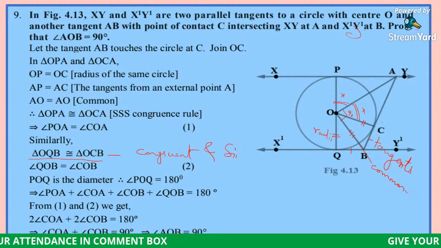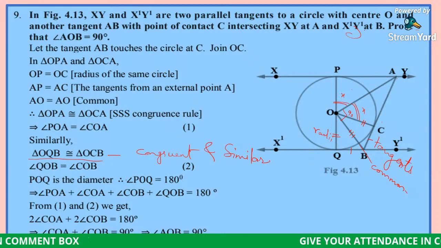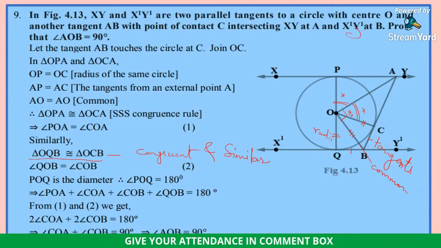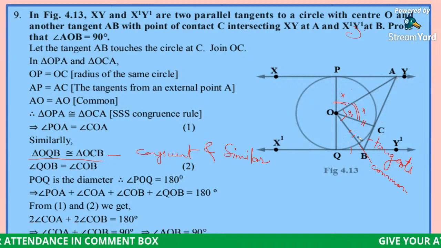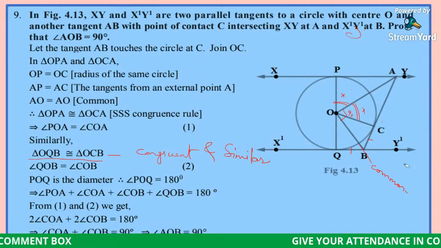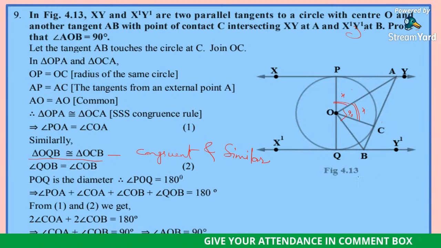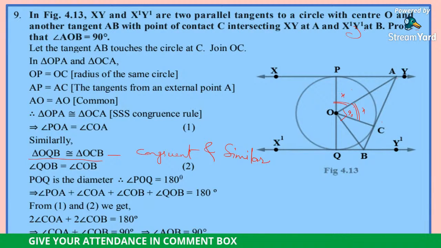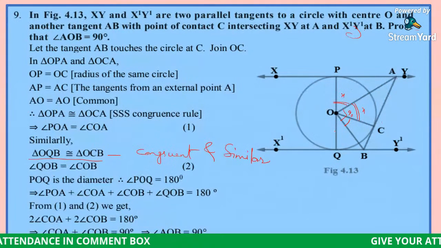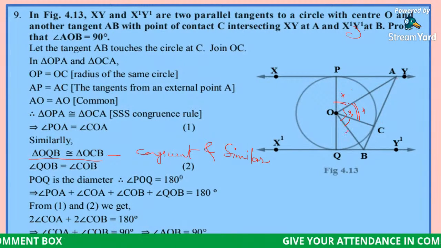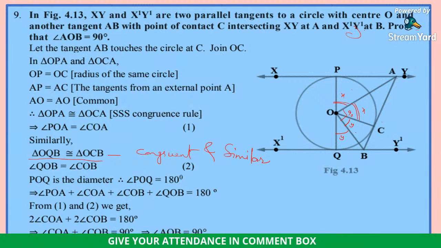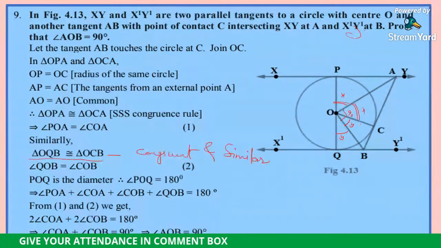Once they are congruent, we can directly write that all its corresponding angles are equal and its corresponding sides are also equal. Here we have proved this angle and this angle are equal. Just for identification, I am naming them as angle Y and angle Y.